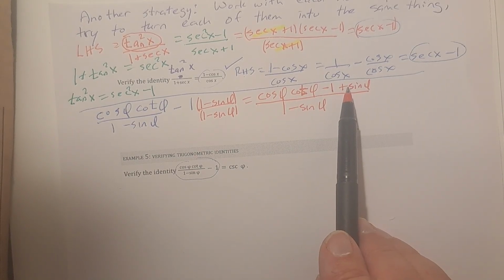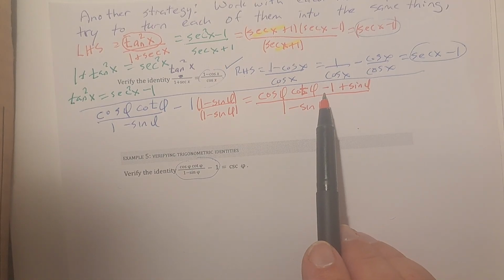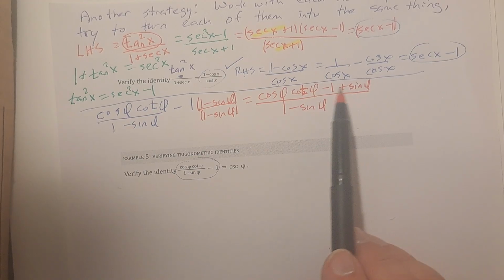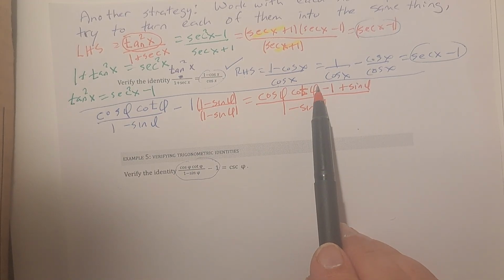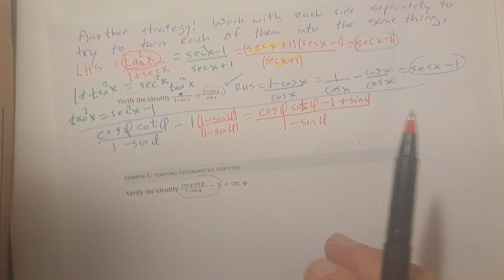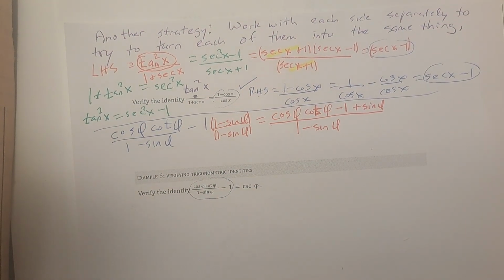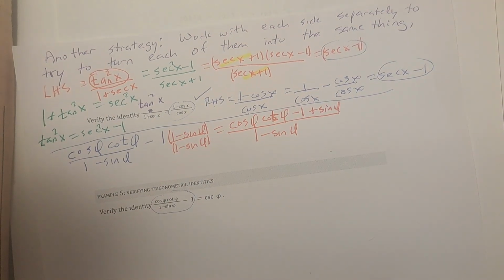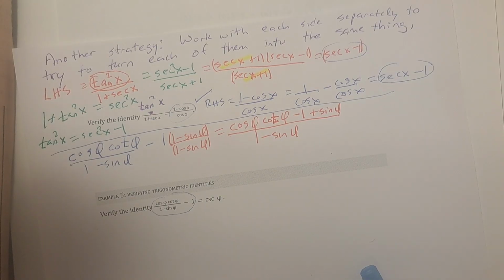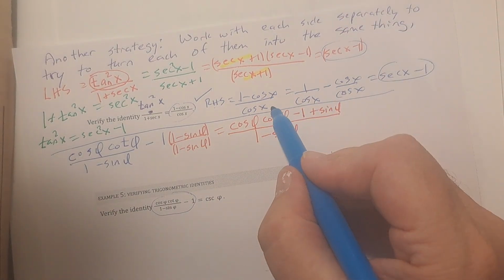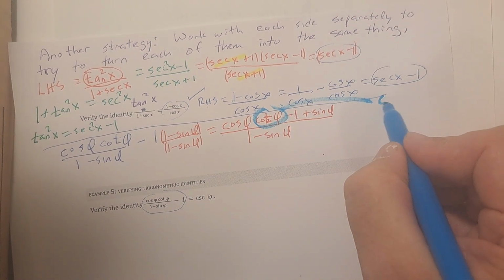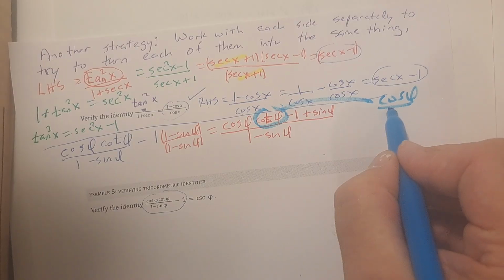So what I'm going to do is use a trig identity. I already have cosine here and sine here. This guy is not in terms of cosine or sine, but I think I'll use that strategy of using a trig identity once you've done the common denominator and factoring thing. So we're going to use that cotangent is cosine divided by sine.